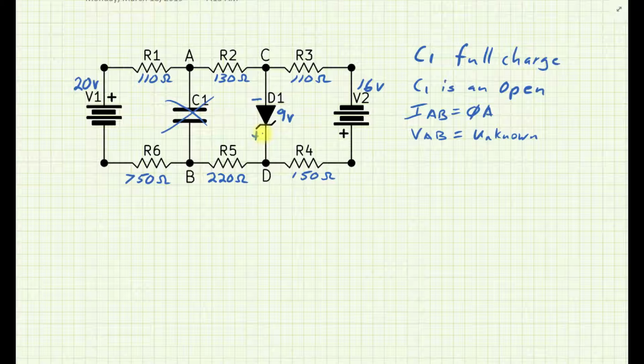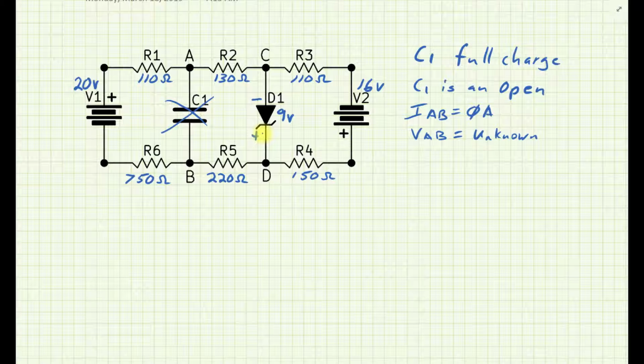So the C to D voltage would be negative at that point, and if it was greater than 9 volts in this case, then that diode will avalanche and hold that voltage to be 9 volts. In this case, V_CD would be minus 9 volts.